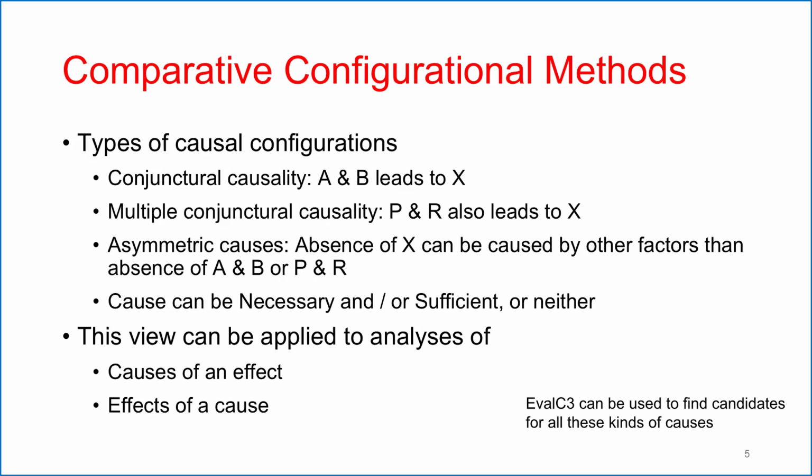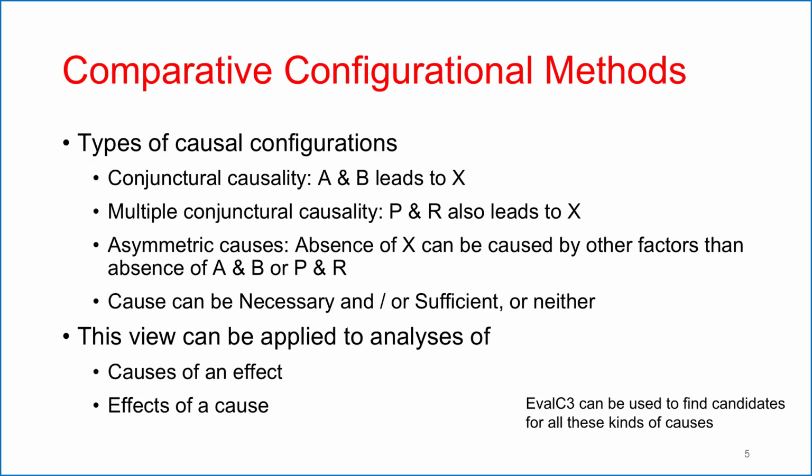Causes can be necessary or sufficient for an outcome to occur, or necessary and sufficient, or neither but still likely. The absence of a causal configuration may not always be the cause of the absence of the outcome of the event. Other causes may be at play. And to complicate this picture even further, this set of ideas can be applied not only to understanding the causes of an effect, but also the effects of a cause.